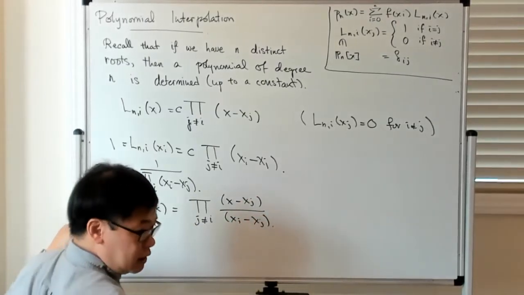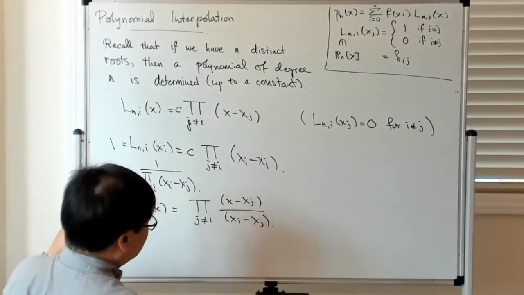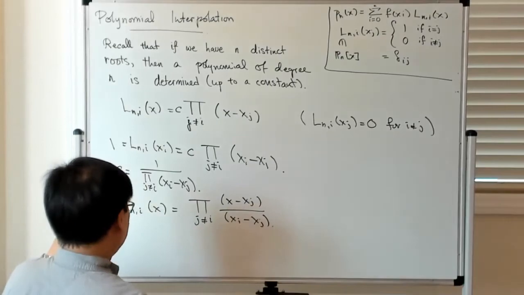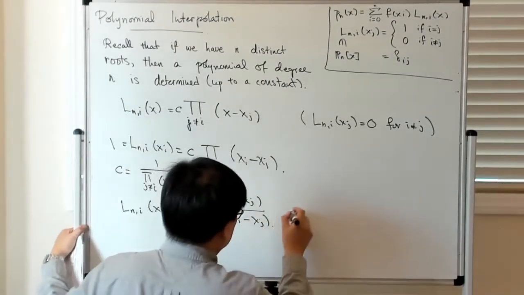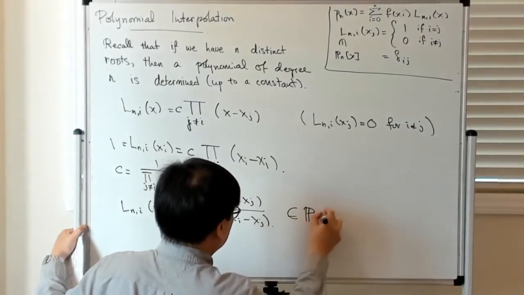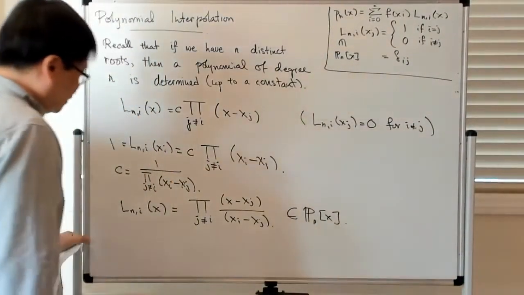If the interpolation points are all distinct, then these things are non-zero, and so you have this nicely well-defined polynomial of degree n in x. So now you're in business.